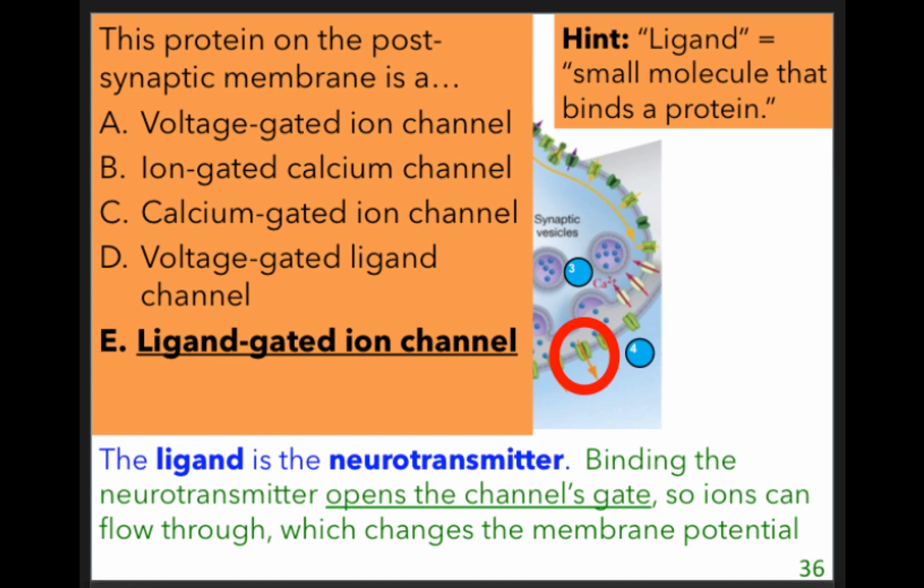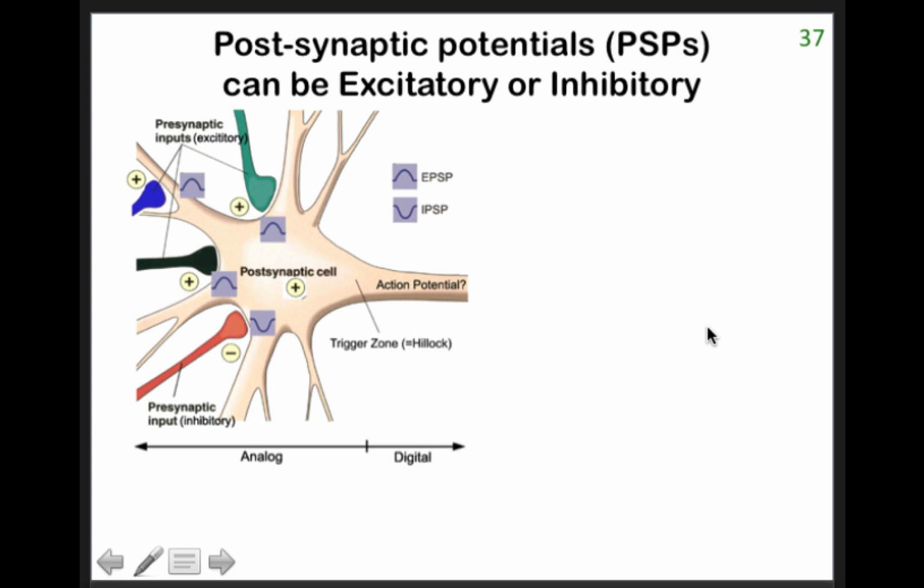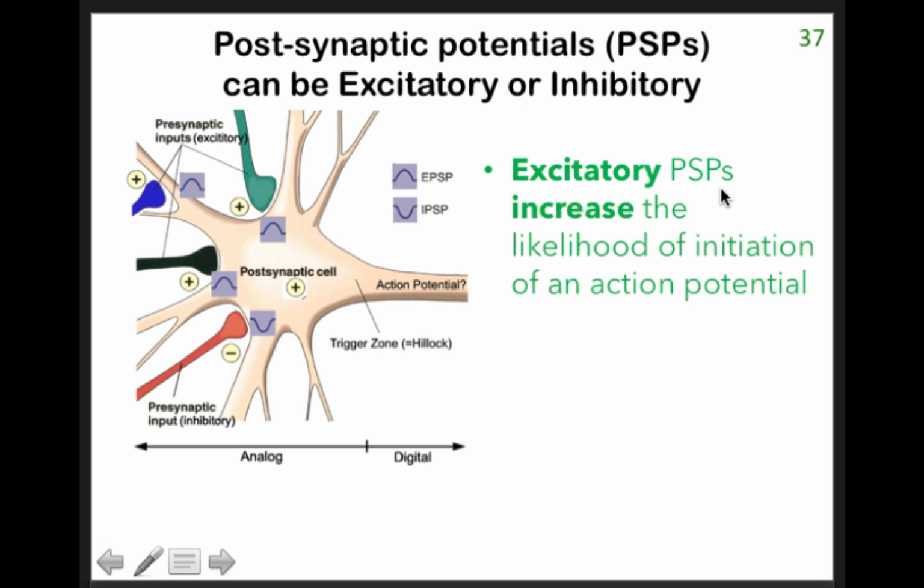All right, so let's take a closer look at these postsynaptic potentials, these changes in voltage that are caused by chemical synapses. Postsynaptic potentials, or PSPs, can either be excitatory or inhibitory, right? They can basically tell the cell you should be more likely to fire, or less likely to fire. So let's compare the two types. An excitatory postsynaptic potential, which I'll show you in green here, increases the likelihood of a new action potential being triggered at the axon hillock.